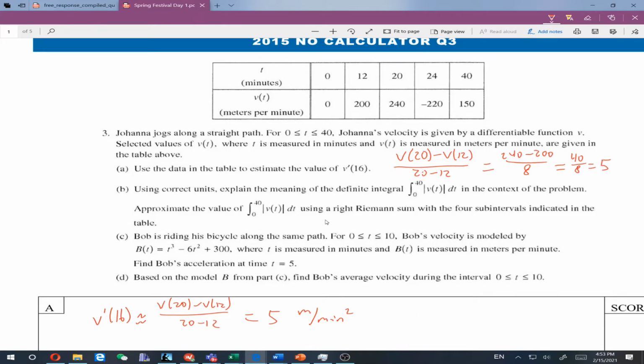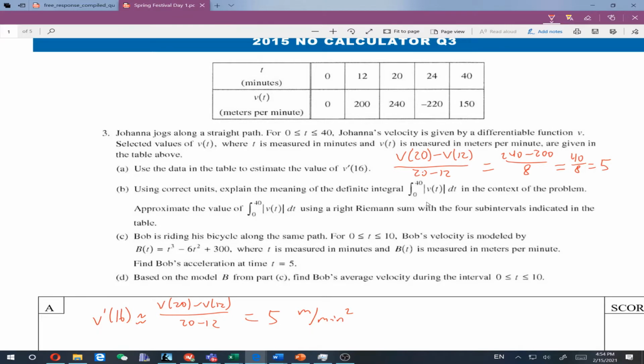Okay, jumping over to Andrew. Using correct units, explain the meaning of the definite integral of the absolute value of v(t) from 0 to 40 in the context of the problem. Awesome.